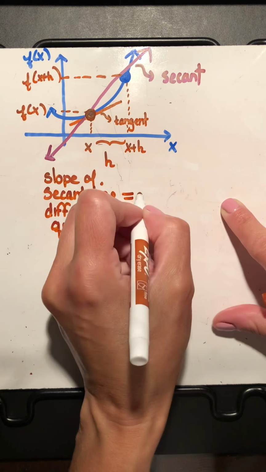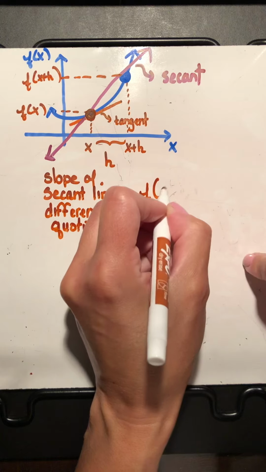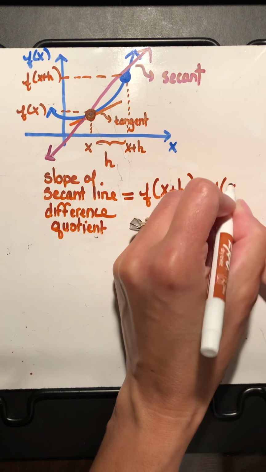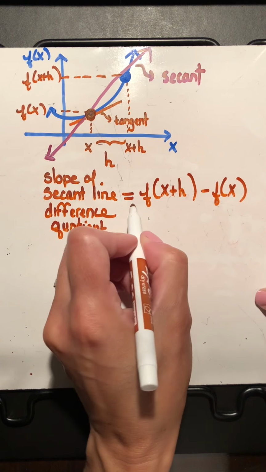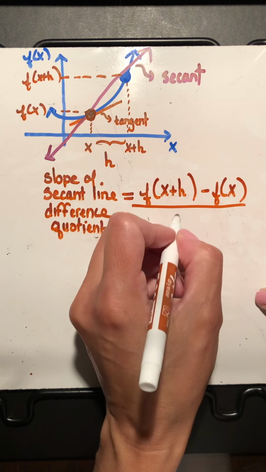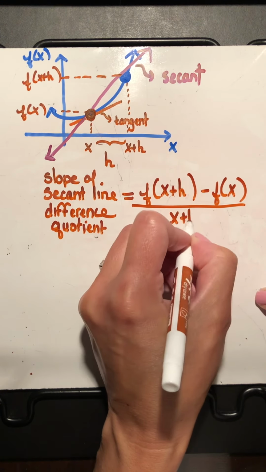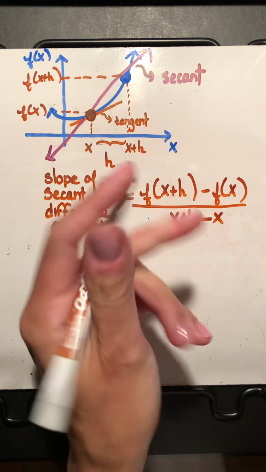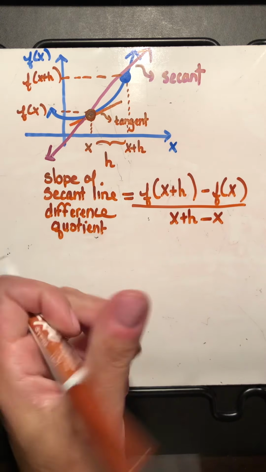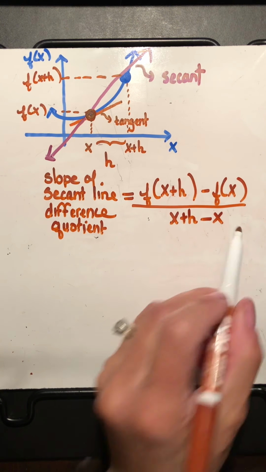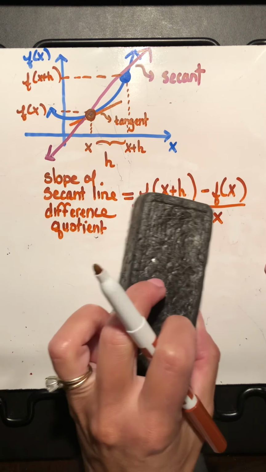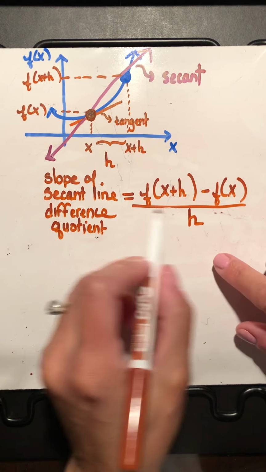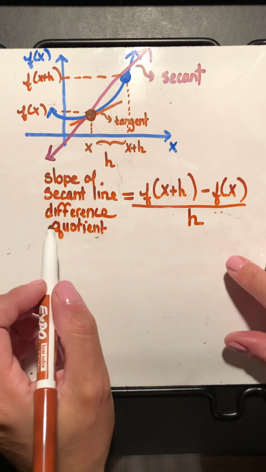So I would do f of x plus h minus f of x, this is my change in y, all over x plus h, right? That's my x2 minus x. But remember we said that the denominator can simplify, the x's would cancel to just h. So here is our specific formula for the slope of the secant line, or the difference quotient.